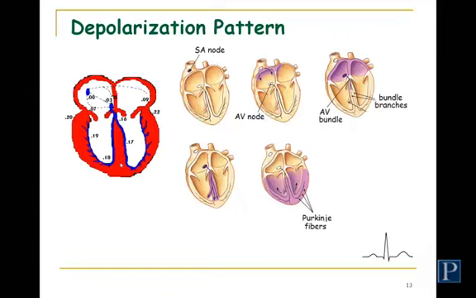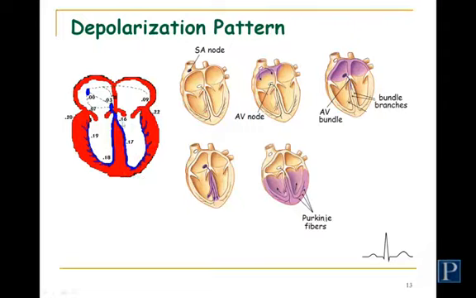So the septum will be the first to contract. And then we will depolarize the apex up to the base. So the apex of the heart will be the next to contract, and then it moves up towards the base, because isn't that the direction in which you want the blood to move? From down here up to the opening of the semilunar valves.